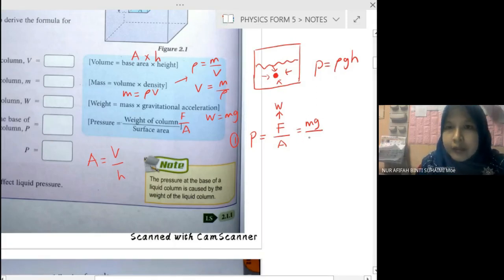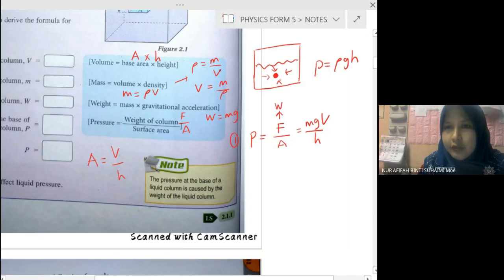A equal to V over H. Now for density equal to mass over volume.